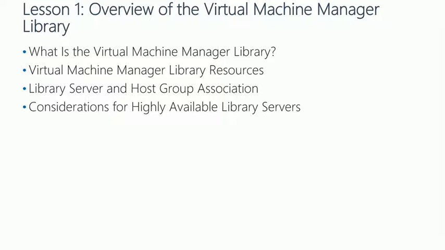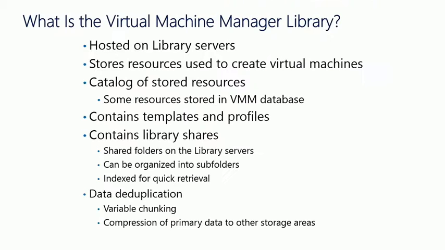Our first lesson is to take a look at the actual VMM library itself. So what is the VMM library? It's basically a file share that stores resources that VMM might want to use. It organizes and categorizes them, and it includes a variety of components like ISO files and VHDs, and we'll take a look at some of those in a little bit.